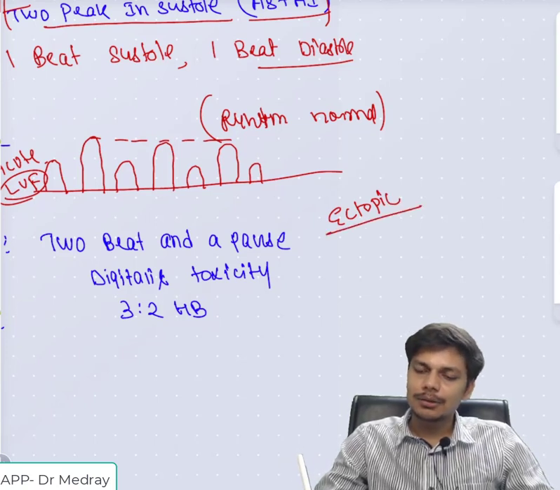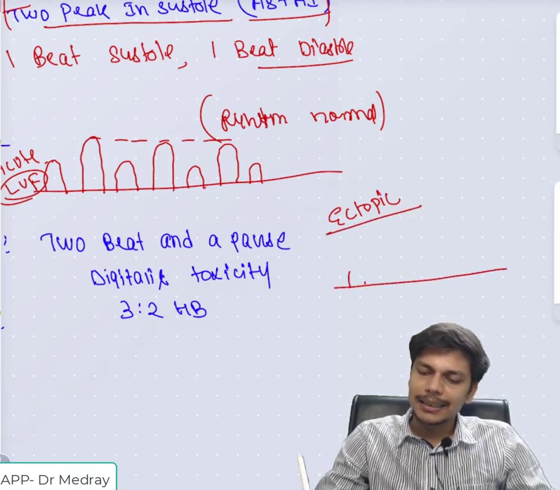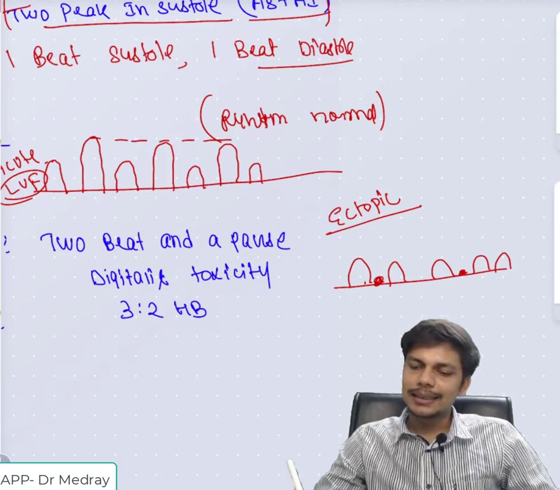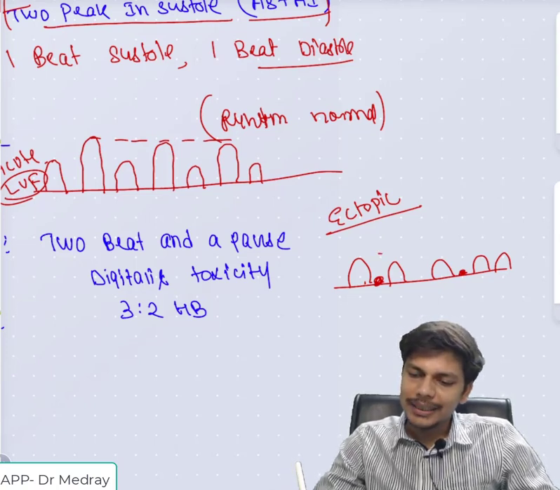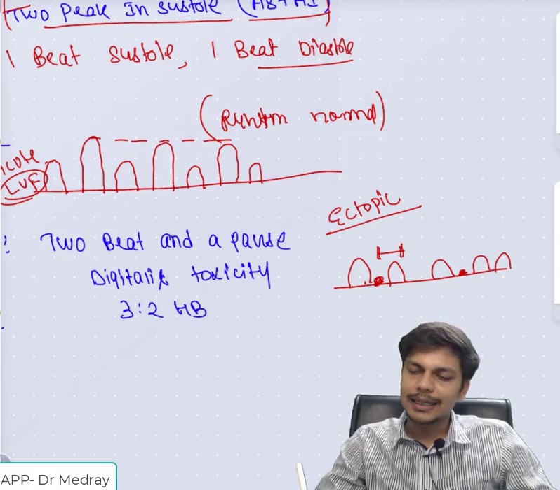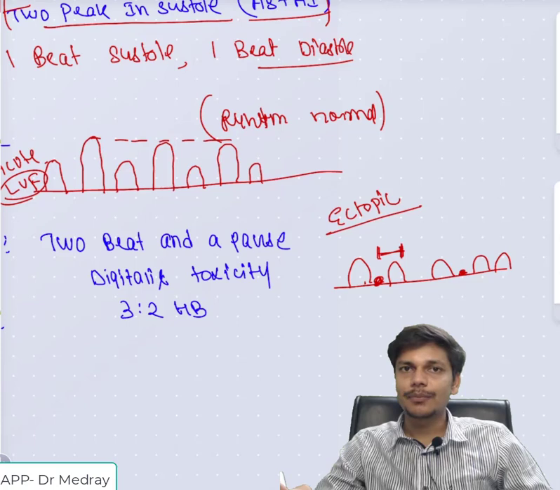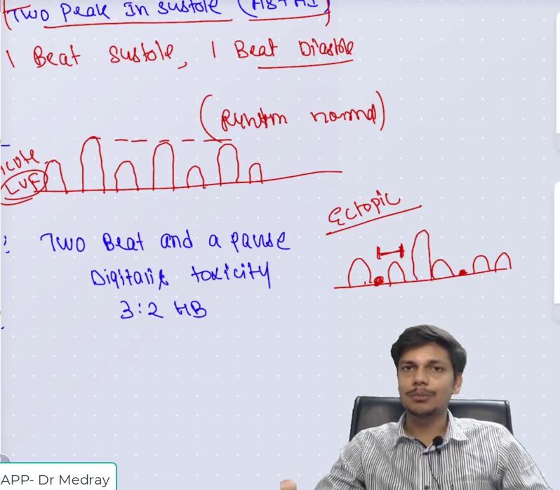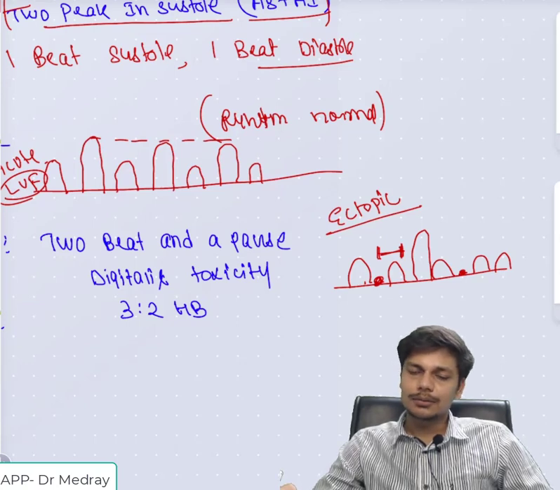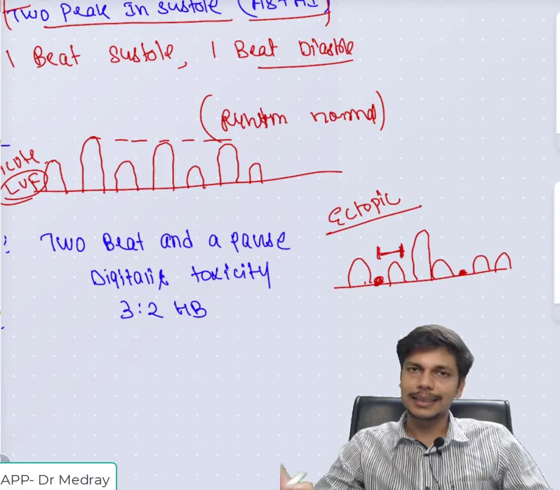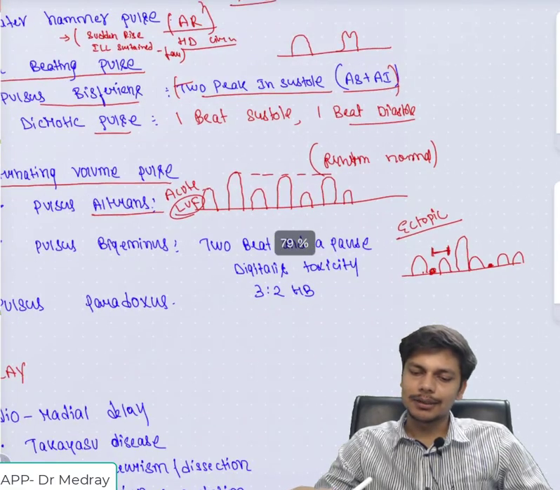If the ectopic beat is occurring somewhere in between the normal beats, then this ectopic beat will have a compensatory pause, and that compensatory pause will have an increased diastolic filling time. Because of that increased diastolic filling time, the next beat will be slightly larger. So for pulsus alternans to occur, the rhythm should be normal, and it is seen in acute left ventricular failure.